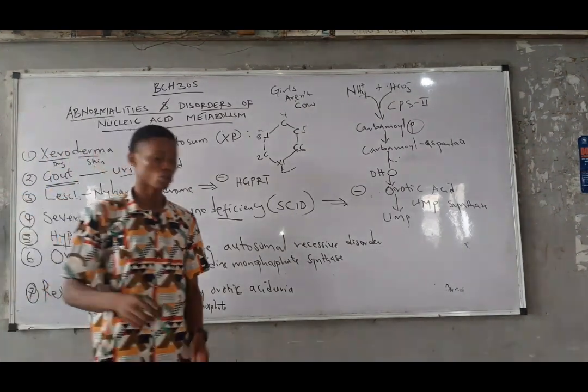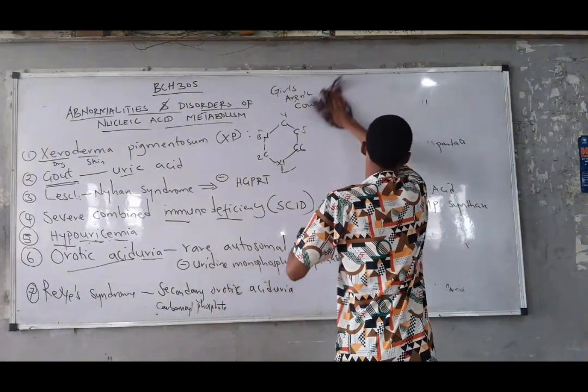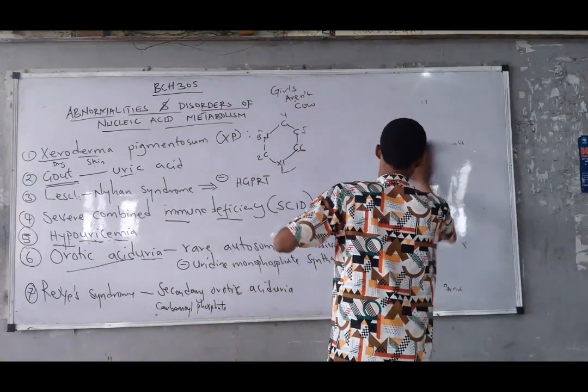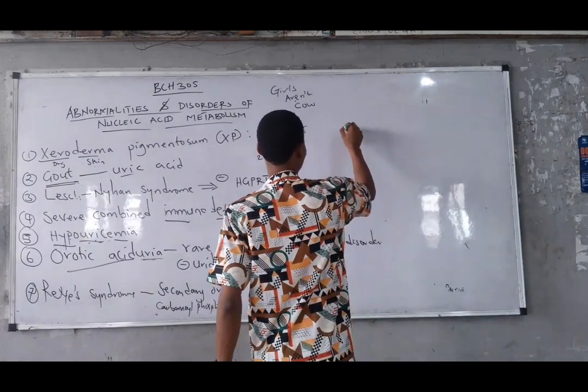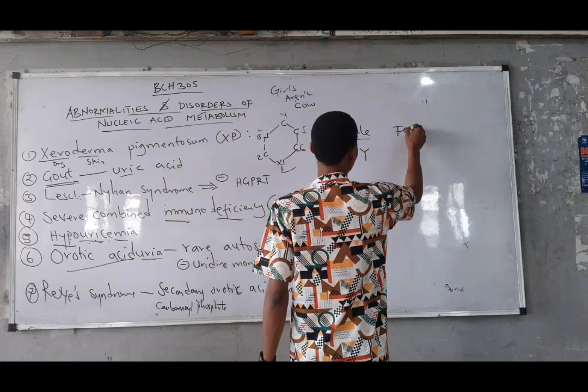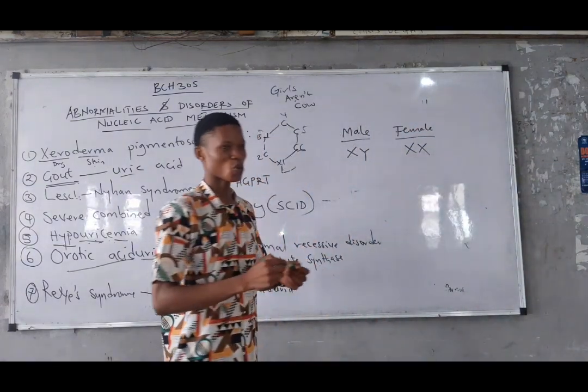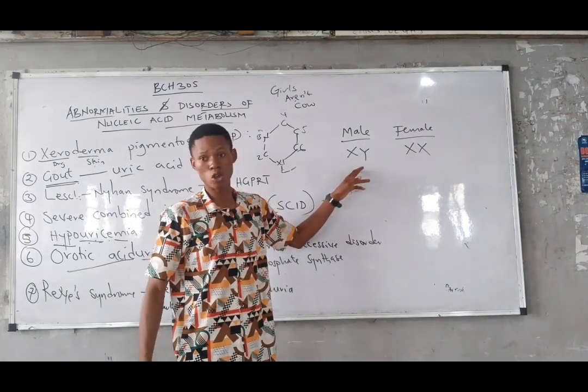And what's the karyotype for male human beings? XY. The karyotype for female is what? XX. All right, so XX for female, XY for male, right?